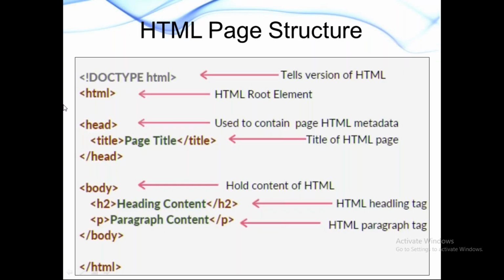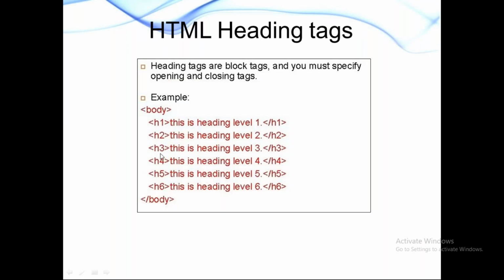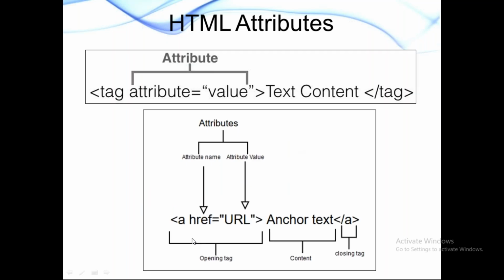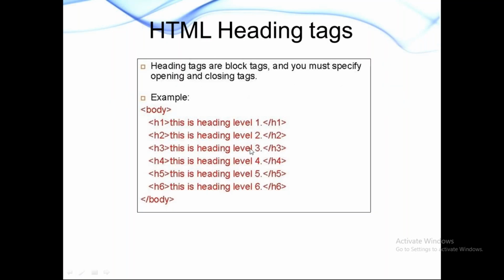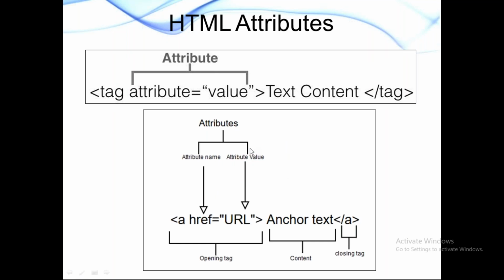So for HTML5, you need to start with a doctype. Simply when you say doctype HTML, the browser understands that it is an HTML5 web page. Then you have the 6 levels of heading tags. The heading tags are block elements, heading and paragraph.